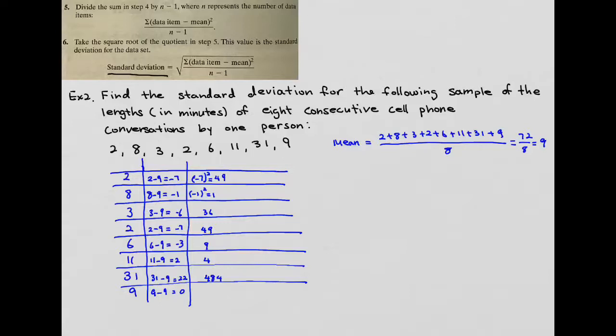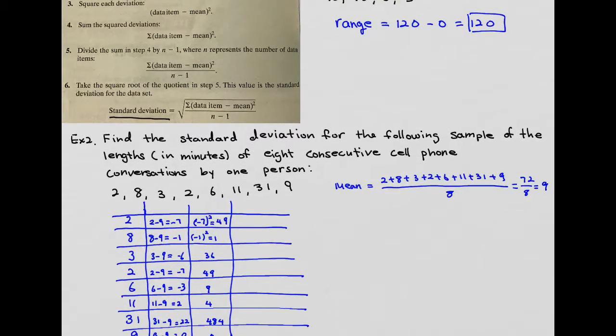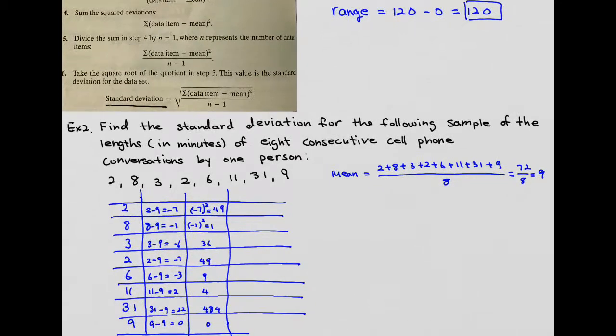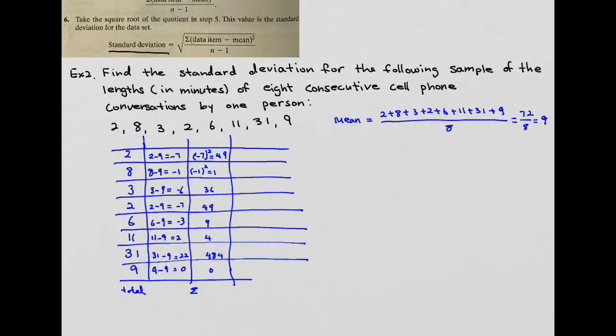And 0 squared is 0. Now you're going to find the total, the summation of those values. That's step 4, and that is 632.